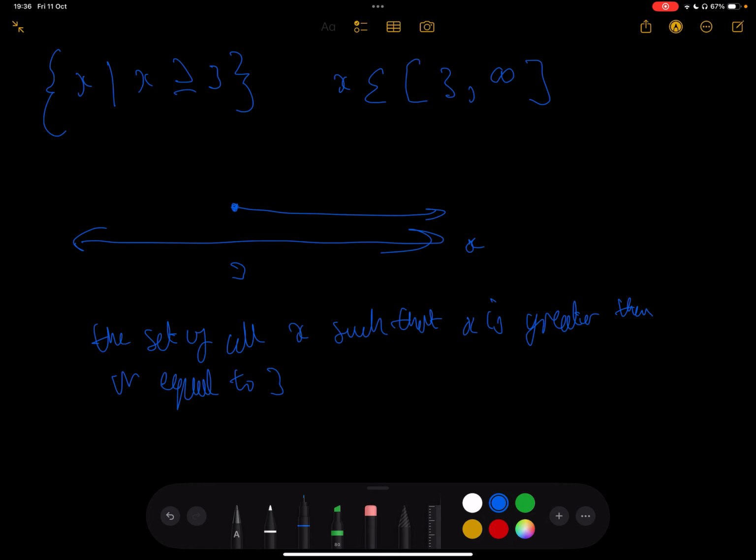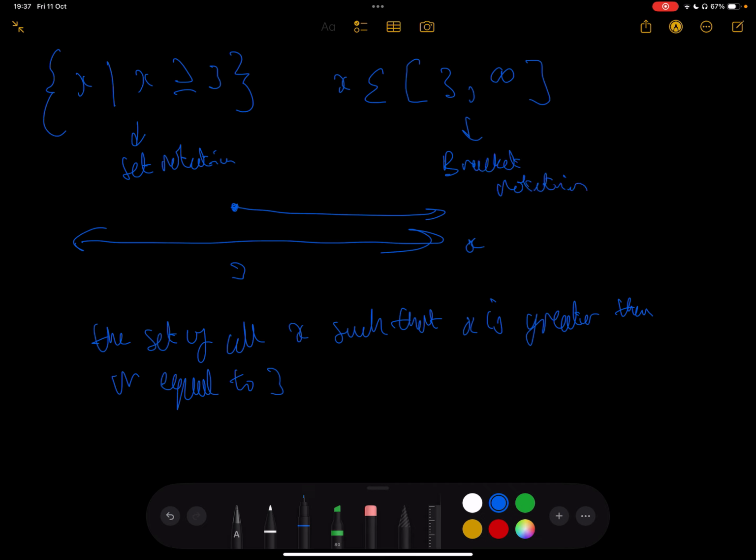So for all of the x values on a function, the x has to be greater than or equal to 3. This is written in set notation, and this is written in bracket notation.